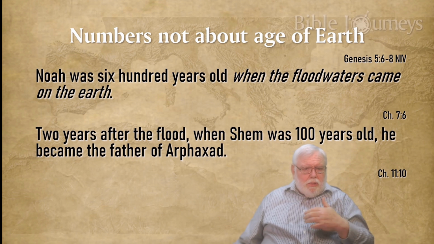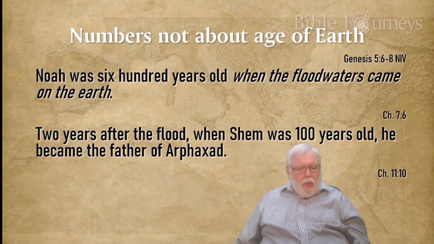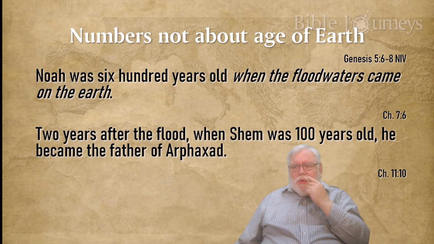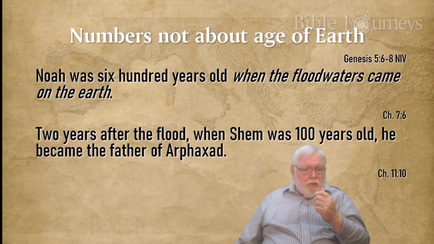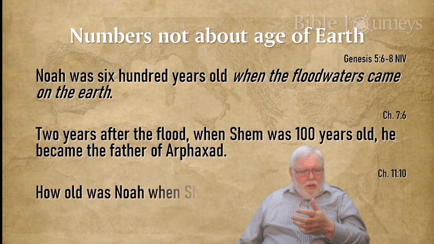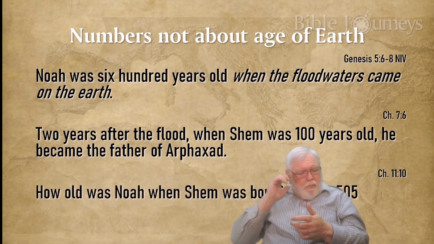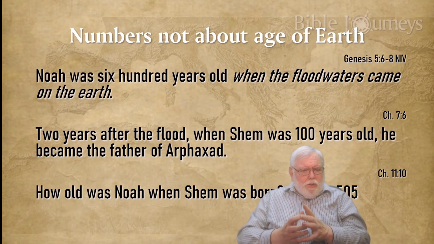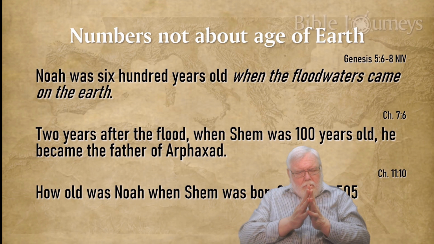Now, just doing some simple math, if you remember, it says that Noah was 600 years old when the floodwaters came. It also says later on that he was 601 when they were able to come off the ark, so the flood was done. So then it was 2 years after the flood when Shem was 100 years old. And so Noah was 601 when the flood ended.